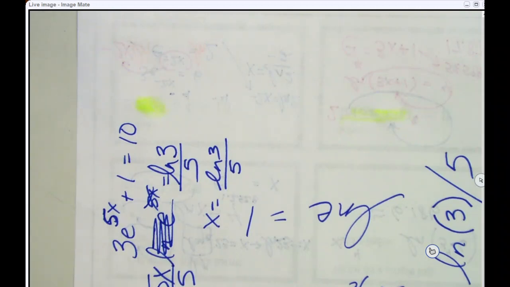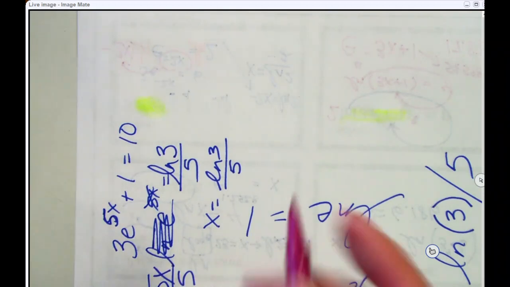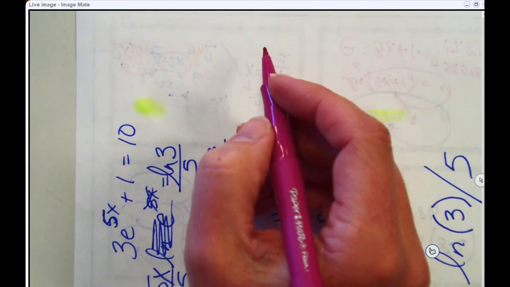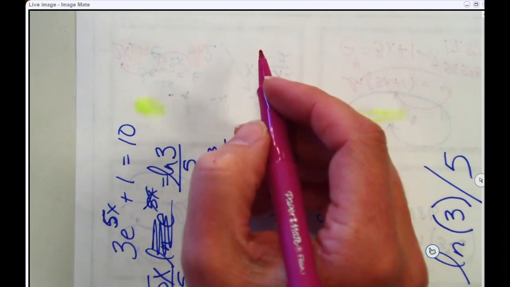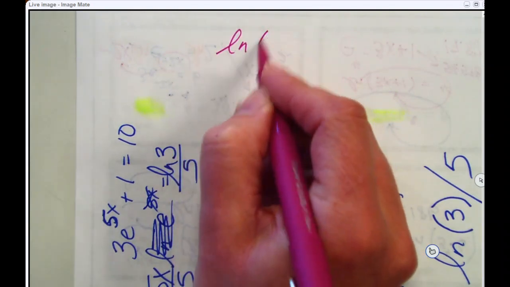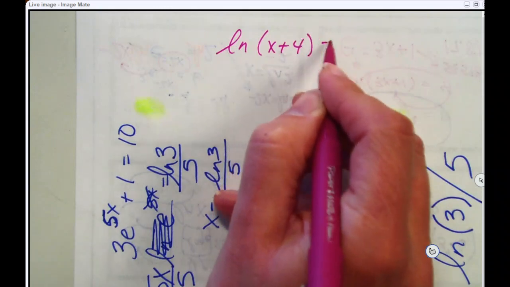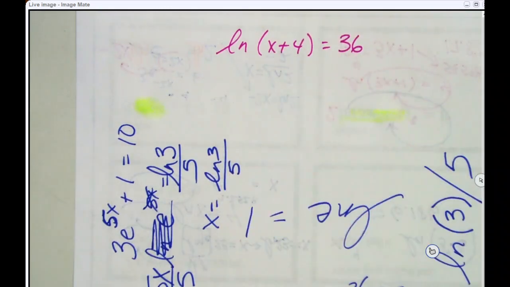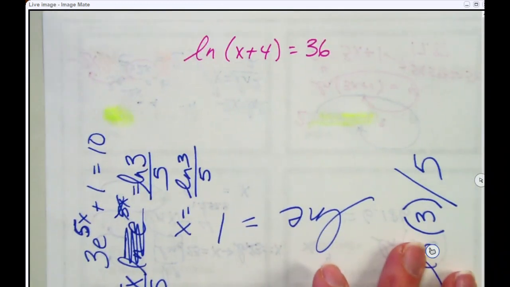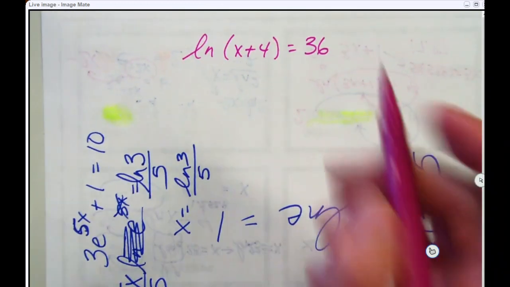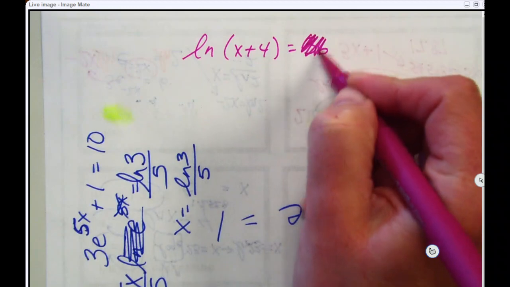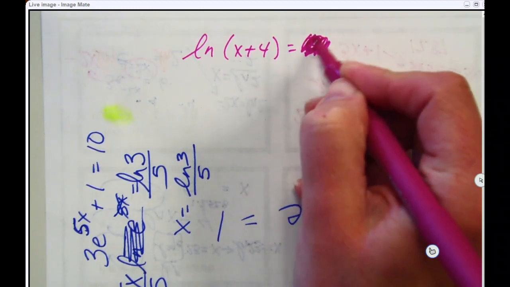Let's find a harder one. I don't know how hard it is, but it's better than what I had a second ago. Ooh, let's not put 36. Let's make that much, much, much smaller.